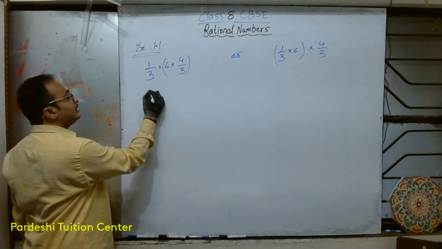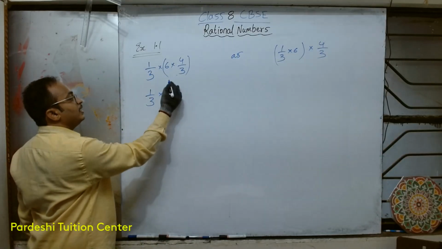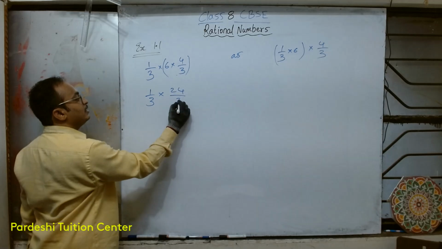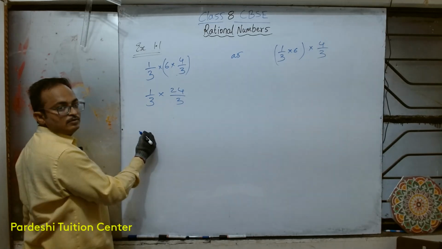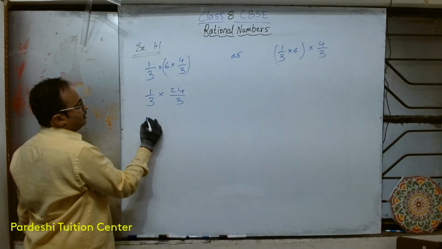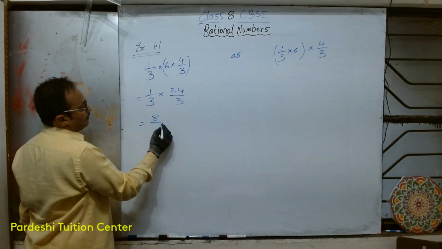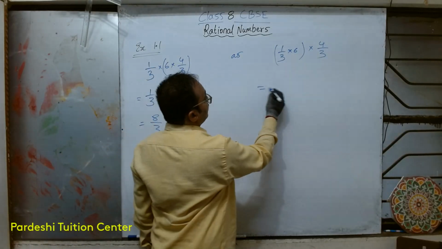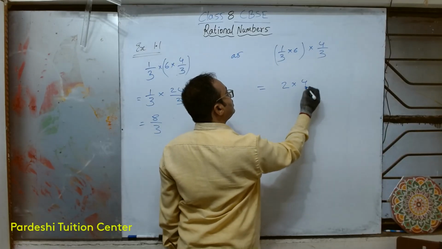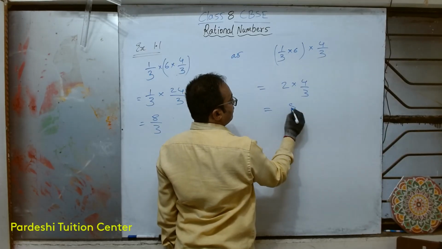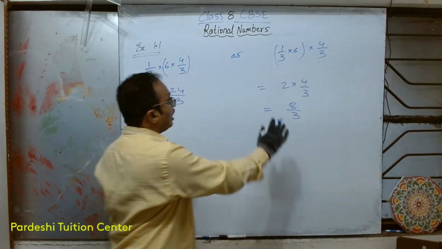If I solve it like this, it will be 1 by 3 multiplied by 24 by 3, correct? So 8 3s are 24, so it will be 8 by 3. And if I solve it the other way, 1 by 3 into 6 is 6 by 3, that is 2, 2 into 4 by 3 will again become 8 by 3. So yeah, both are true.